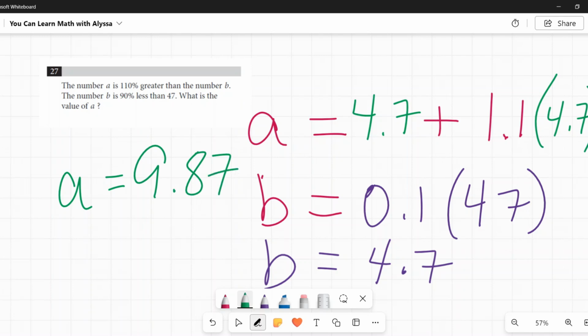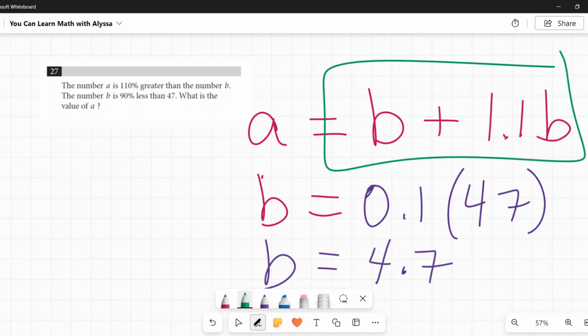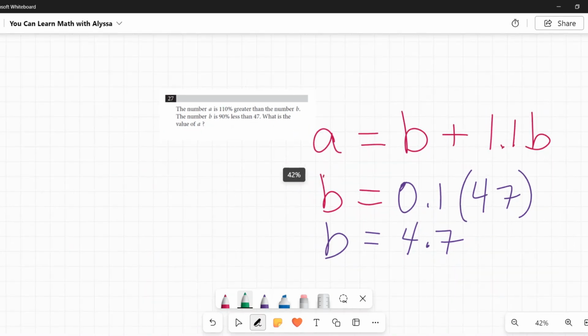And another little side note, this little bit right up here where I plugged it in for B, if you wanted to, and I'm going to just back it up a second, what you absolutely can do at this point right here, you can combine those before you put the 4.7 in. It doesn't matter. Either way is fine. Whatever's fastest and makes the most sense to you. So yes, if anyone's out there going like, why didn't you just combine them?